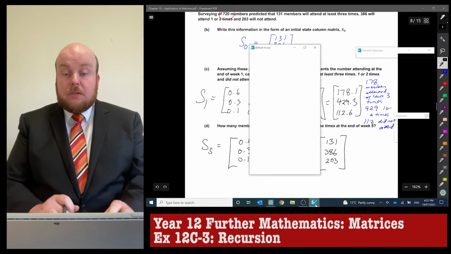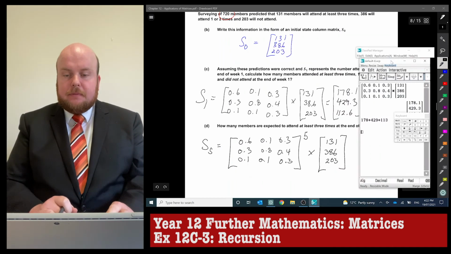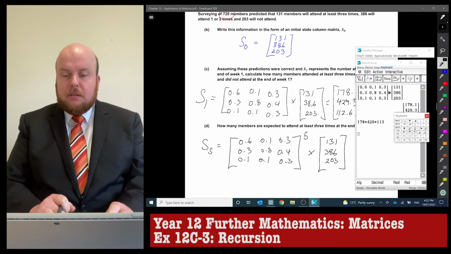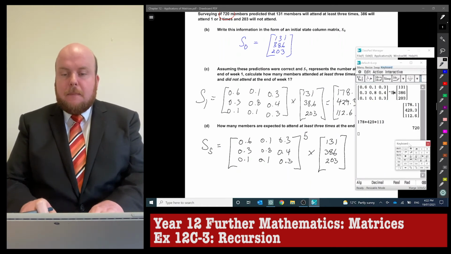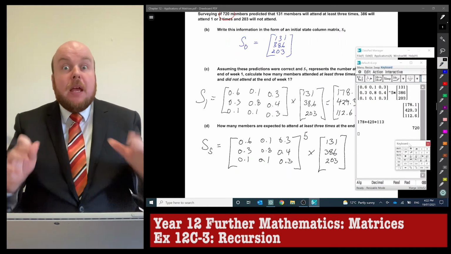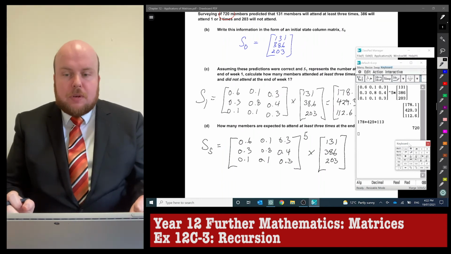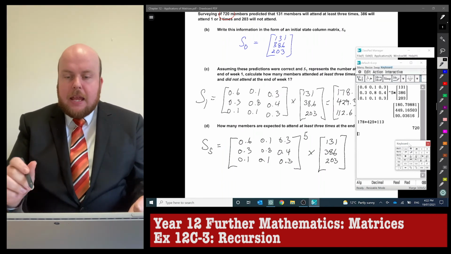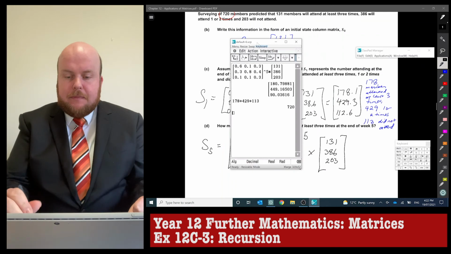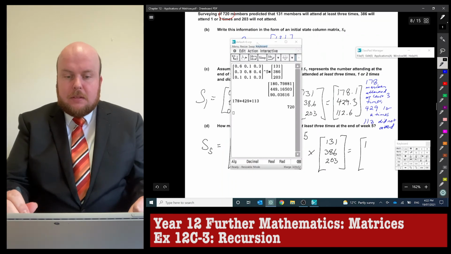So I go back to my CAS, take that original matrix, and do it to the power of 5. I click back up at the top and arrange that next to the original transition matrix, and then we get our answers here. So this rounds to 181, 449 and 90.